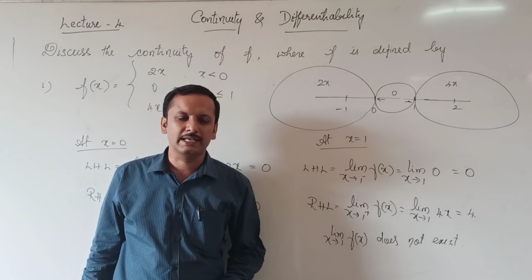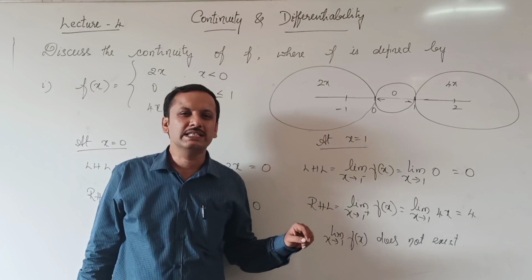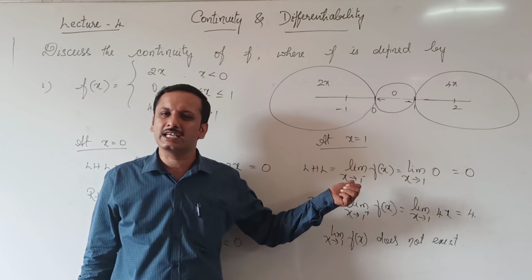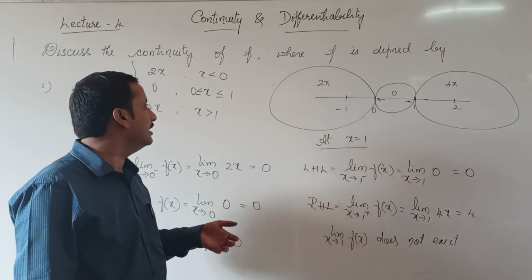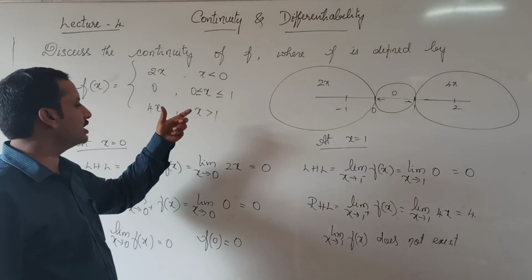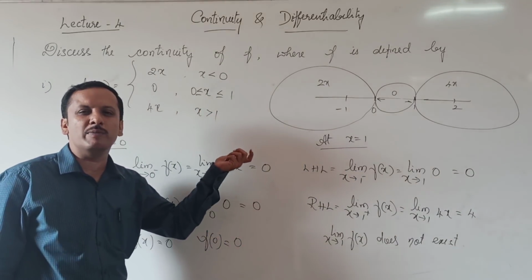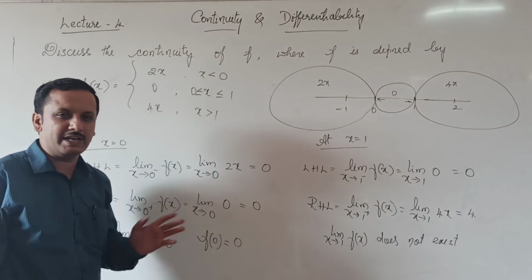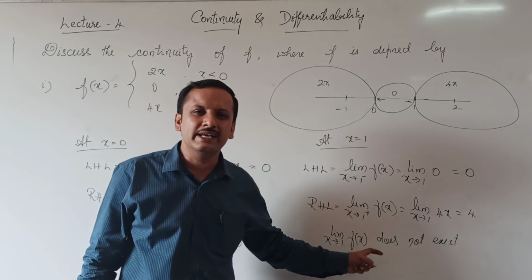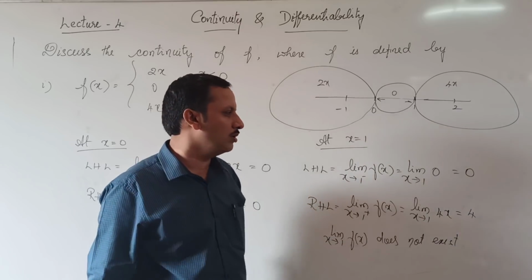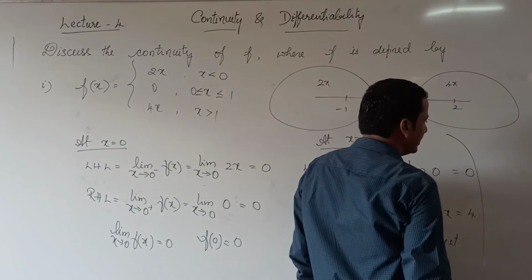So, the conclusion is that this function is discontinuous at x equal to 1 and everywhere else it is continuous. Already we have seen earlier that in the open interval minus infinity to 0, open interval 0 to 1 and open interval 1 to infinity it is continuous, and at 0 it is continuous. So, the final answer we should write in this way.